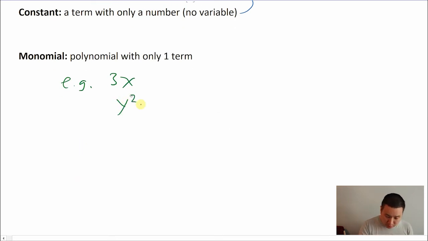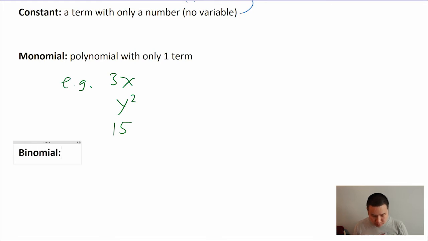Y squared, another single term polynomial. 15, single term, constant, right, polynomial. That's a monomial. We also have binomial. Okay, so think of the prefix bi, right?